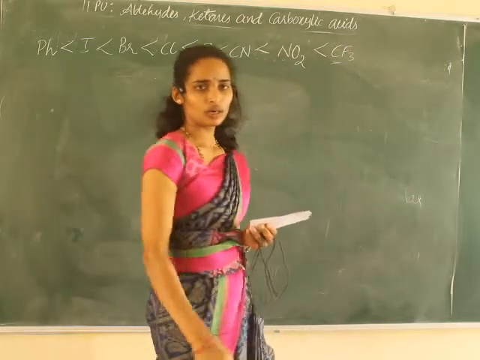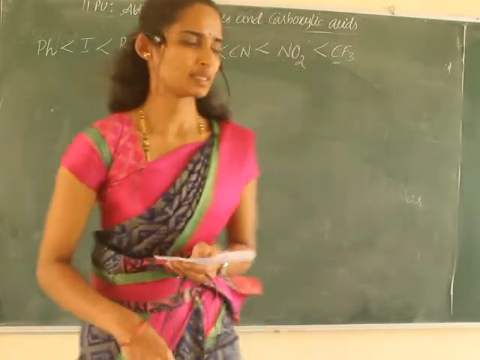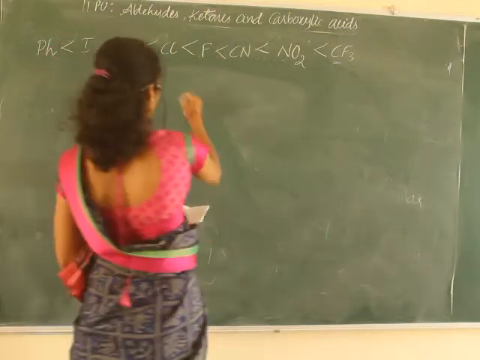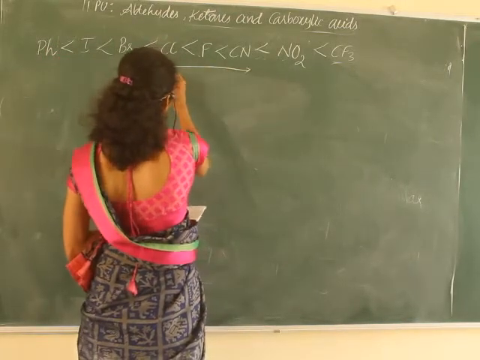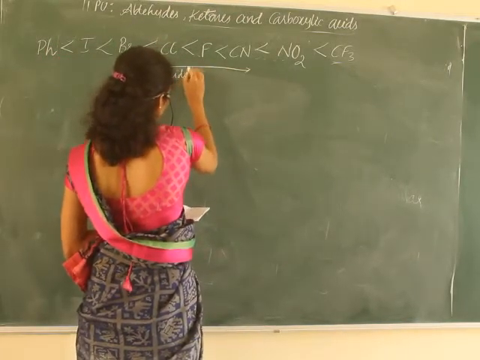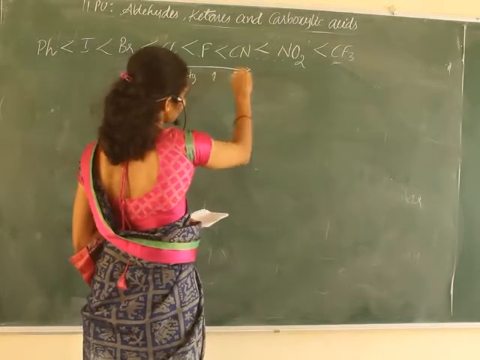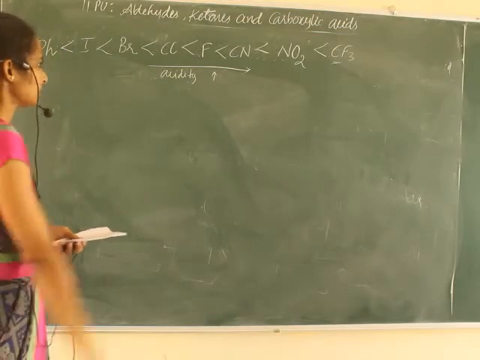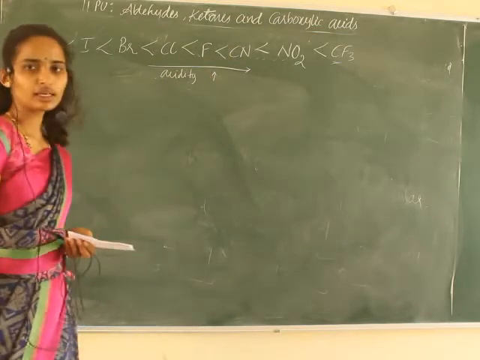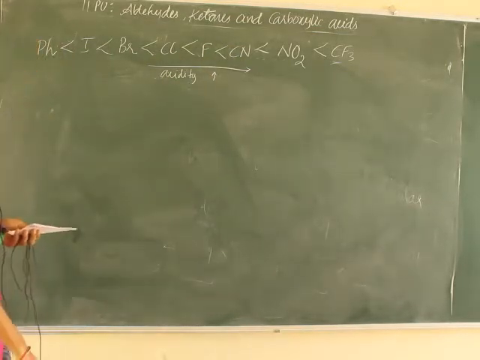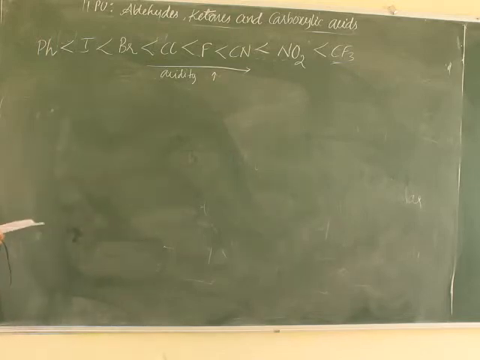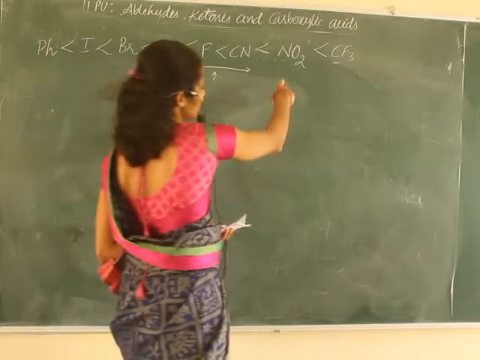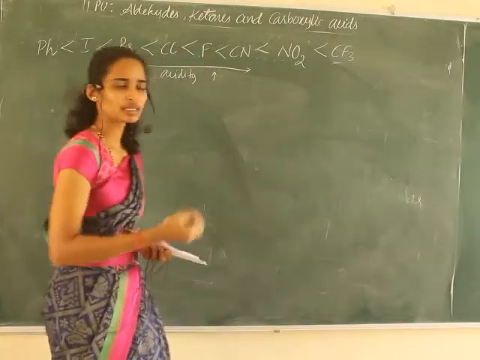Because of this, trifluoroacetic acid is a stronger acid. Here the acidity increases from left to right if these groups are present in the carboxylic acid. If phenyl or iodine are present, the acidity decreases. See here, NO2 is an electron withdrawing group, so acidity increases.